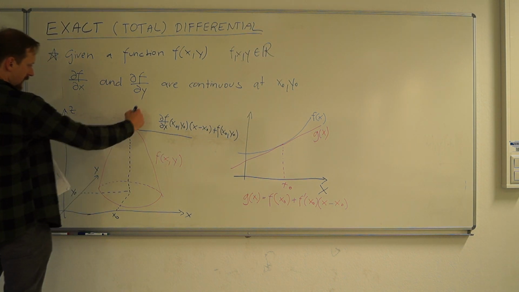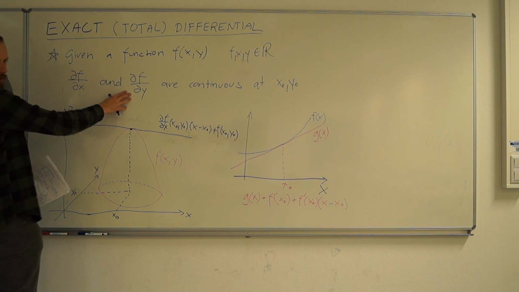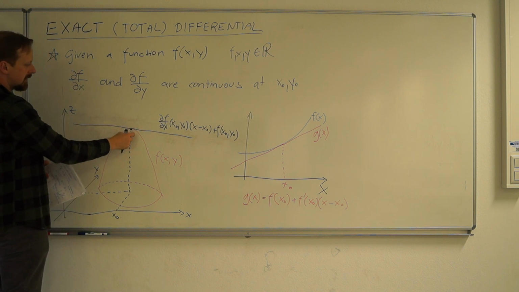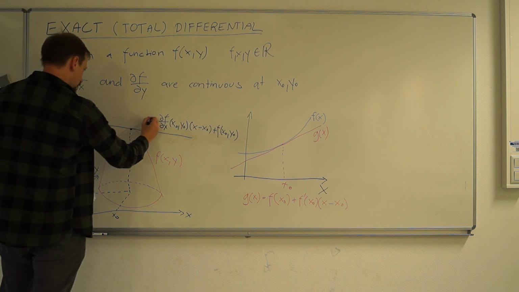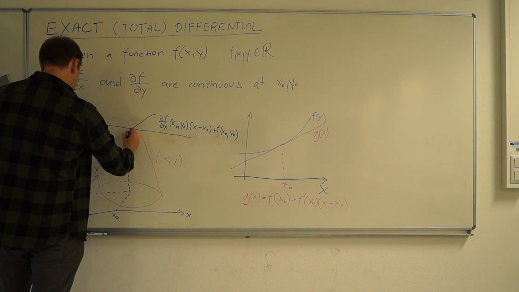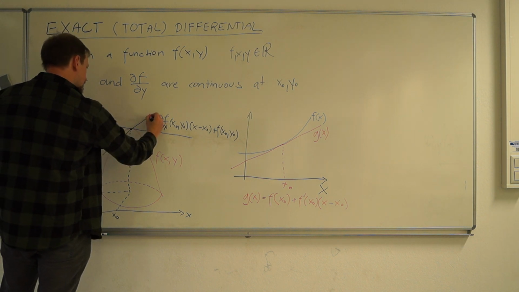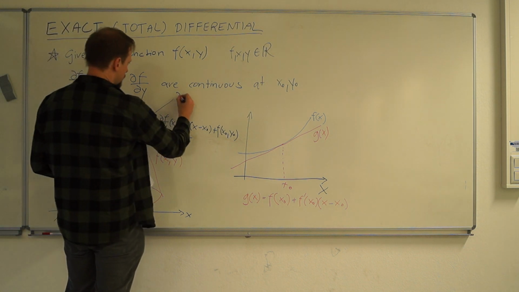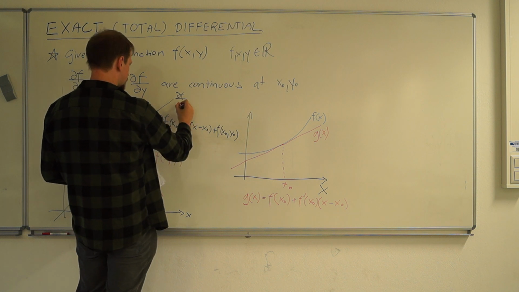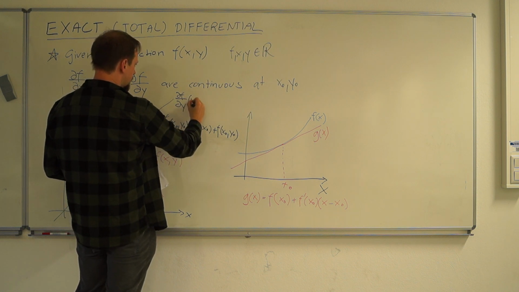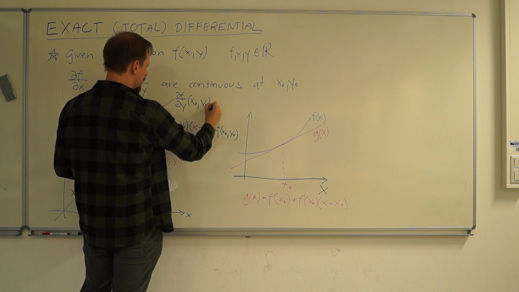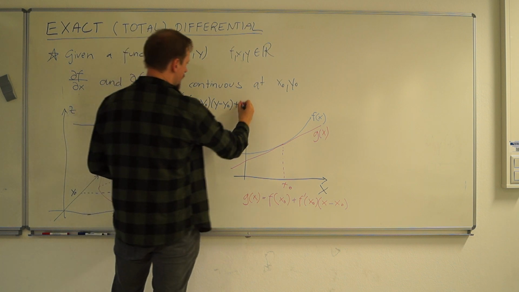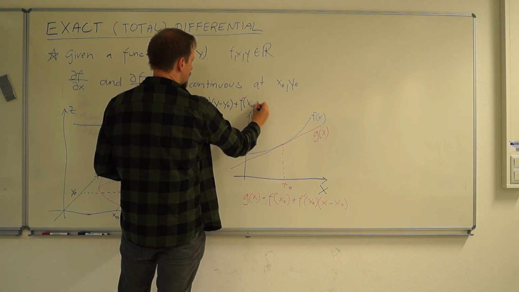The same we can do, because the partial derivative of f with respect to y is continuous at this point. We can also draw a second tangent line, which would be described by the equation df over dy evaluated at x naught, y naught times y minus y naught plus f evaluated at x naught and y naught.